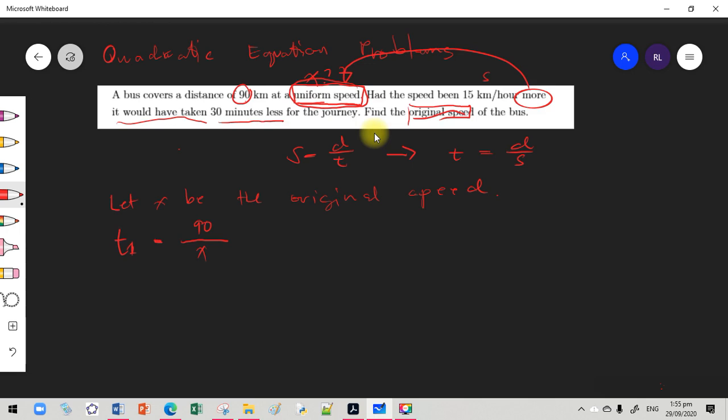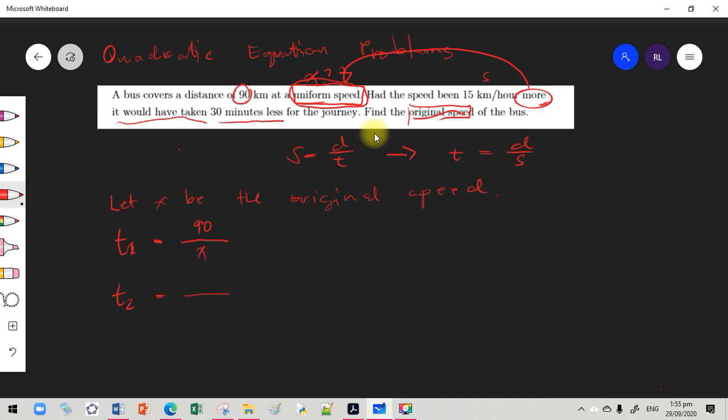But if the speed is 15 kilometers per hour more, the idea is, the original speed is x, and if you increase that by 15 kilometers per hour, that's our second equation for time.